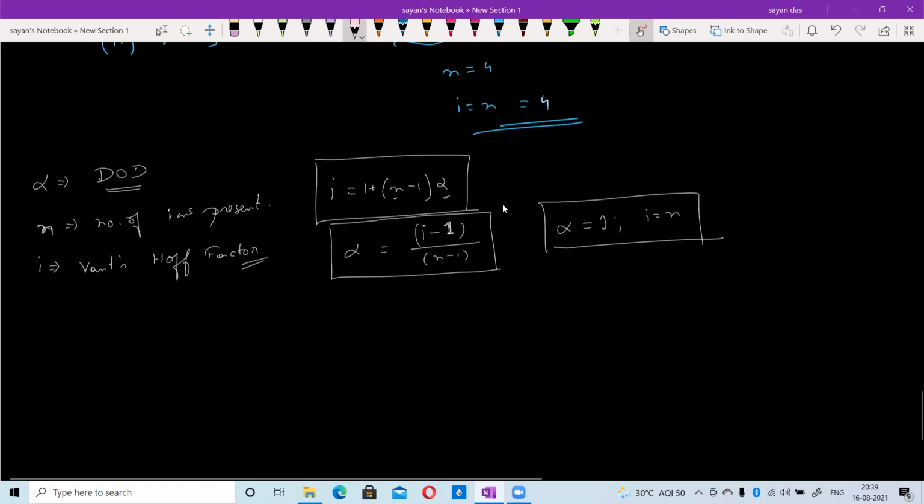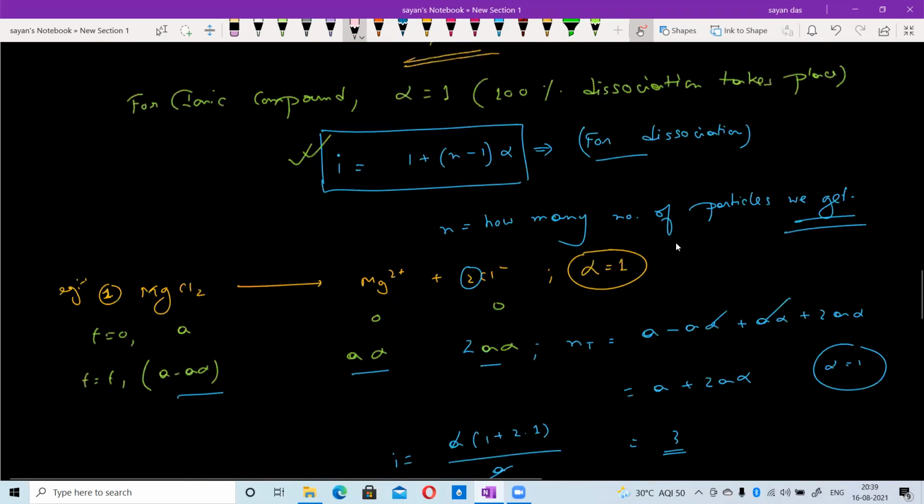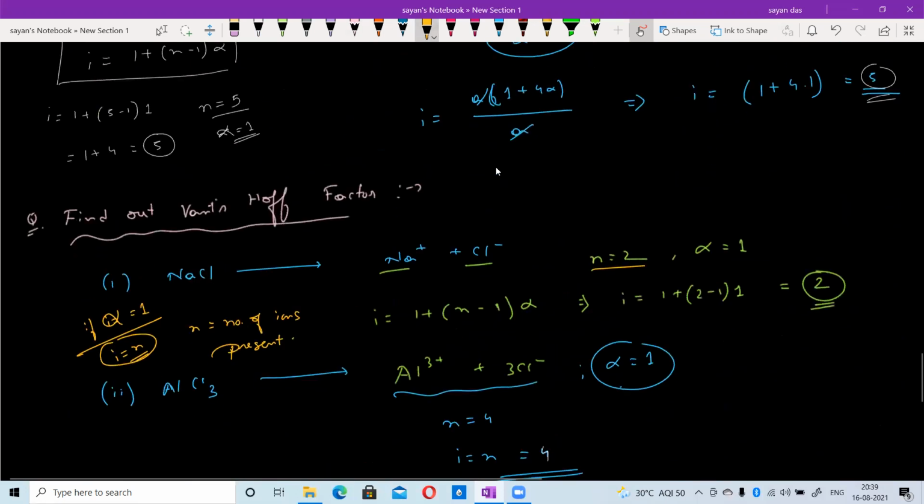Okay. Going to case 2. This is case 1, which is for dissociation. Now going for case 2, which is for association.